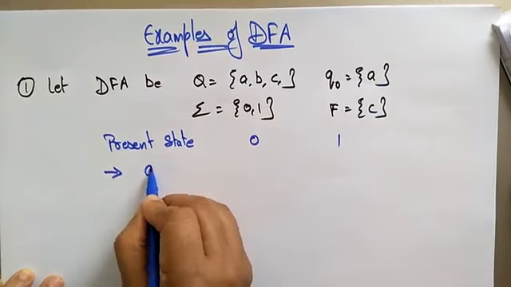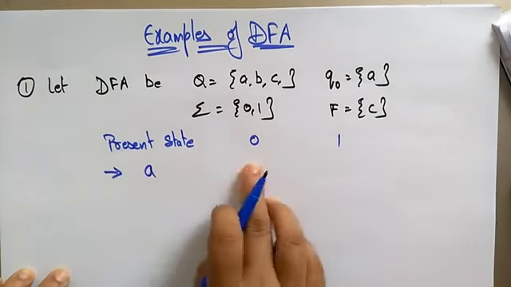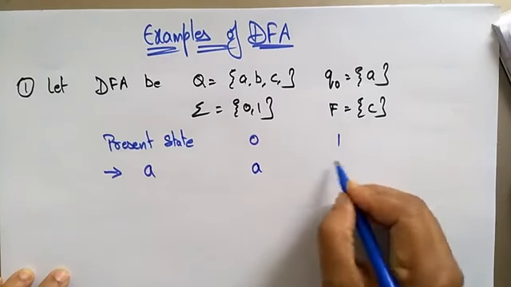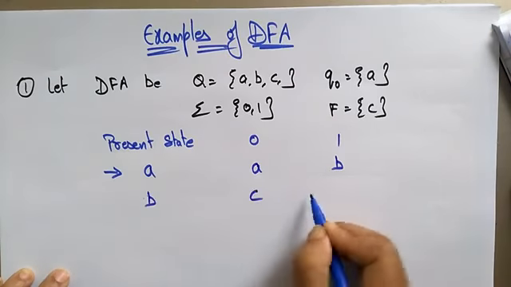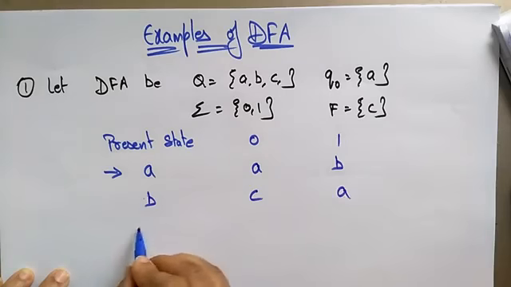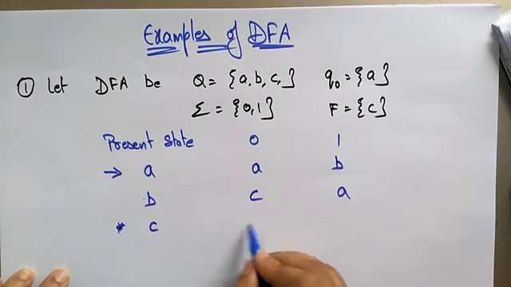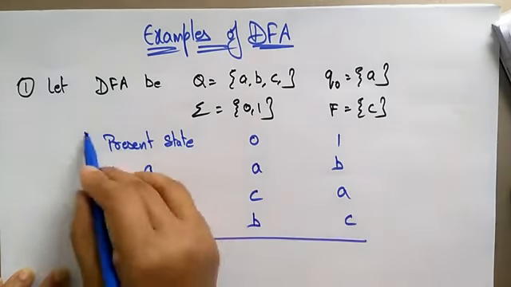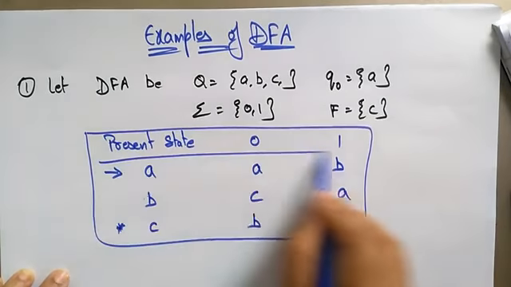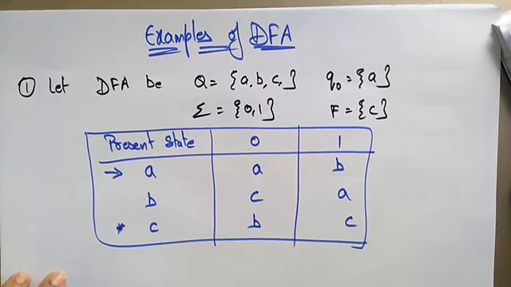A is the initial state, right? A on 0 goes to A, on 1 goes to B; next states are B, C, A, and the final state is represented with a star or double circle. So they have given a transition table.